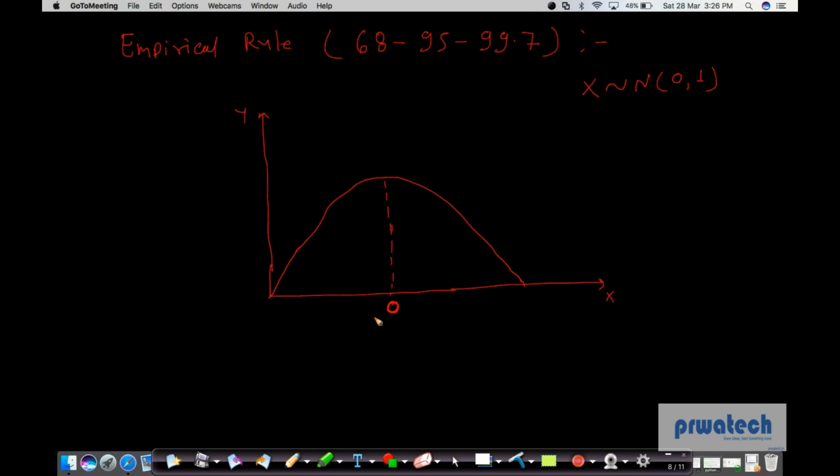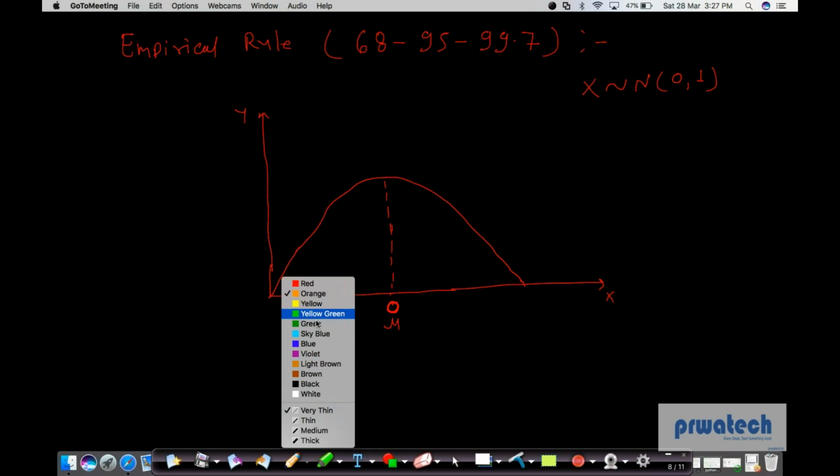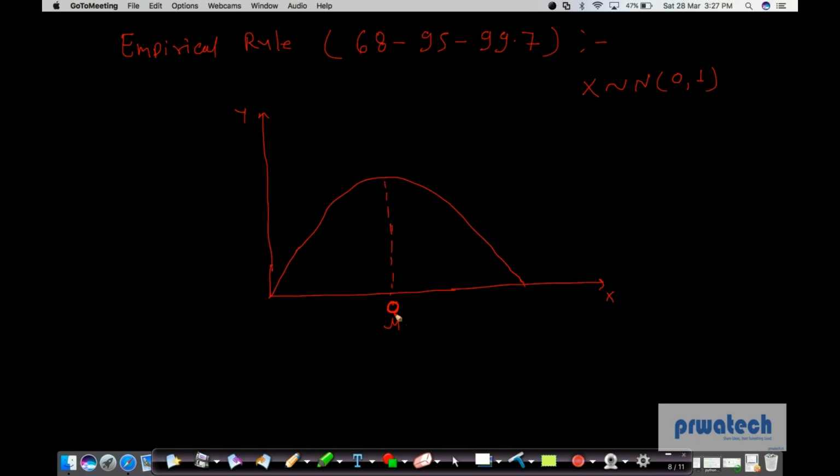And the empirical rule says one standard deviation away from the mean. Focus here, guys. When I say above the mean, you consider towards this side. When I say below, consider towards this side. You can take this as right, this as left.